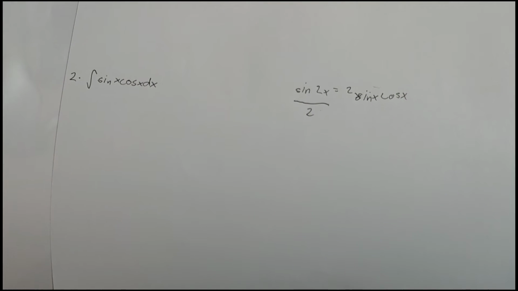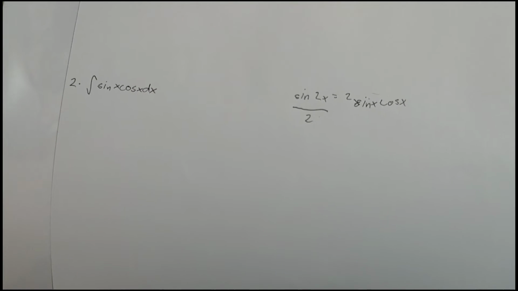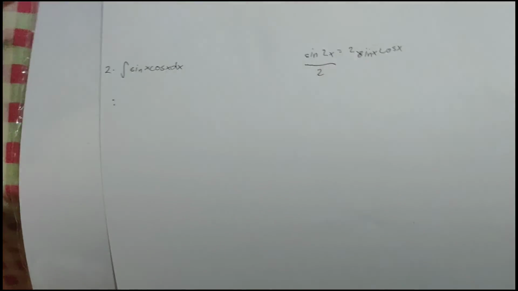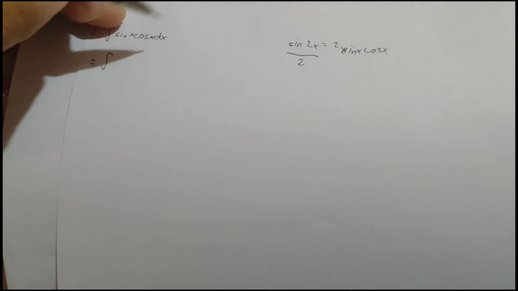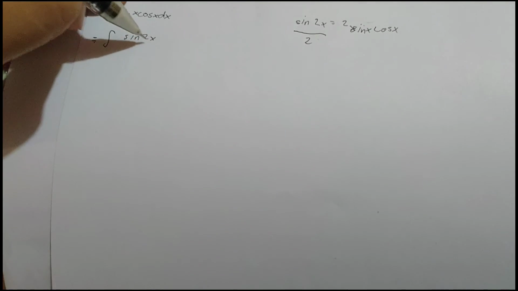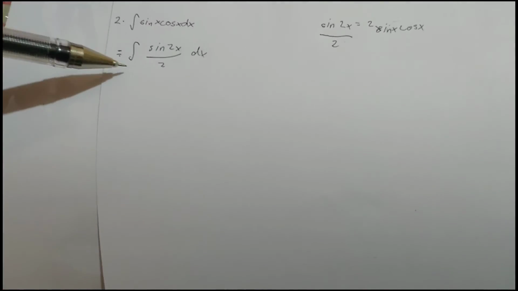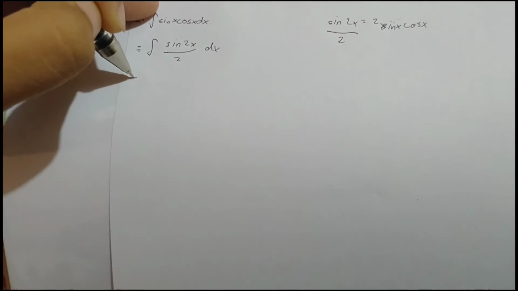Let's recall one of the trigonometric identities, which is sine 2x all over 2 is simply sine x cos x. So we will write our sine 2x as our new sine 2x all over 2 dx. In this term, we will start integrating.